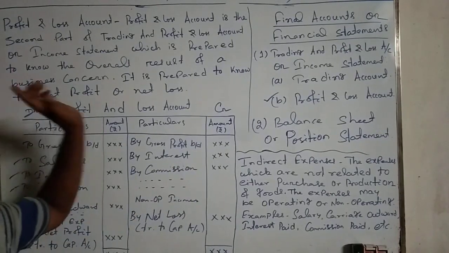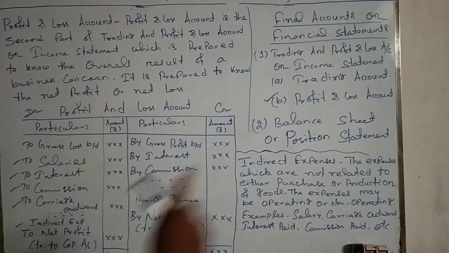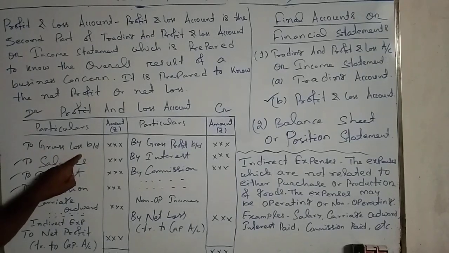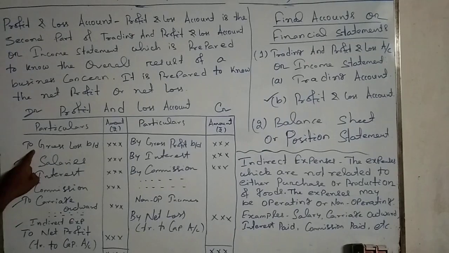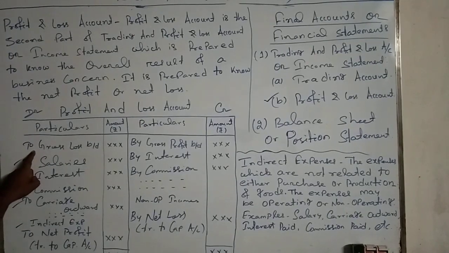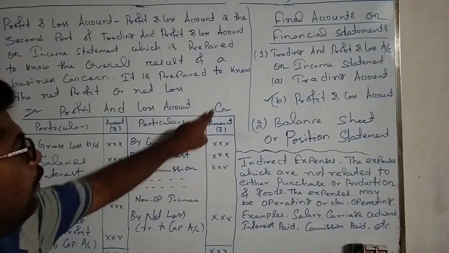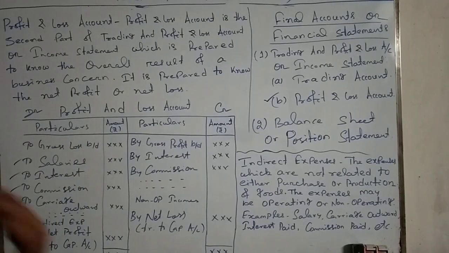And gross loss, carried down in the trading account on the credit side, will be brought down to the debit side of the profit and loss account. So it will start with either gross loss brought down on the debit side, or if there was gross profit in the trading account, it will be brought down on the credit side.